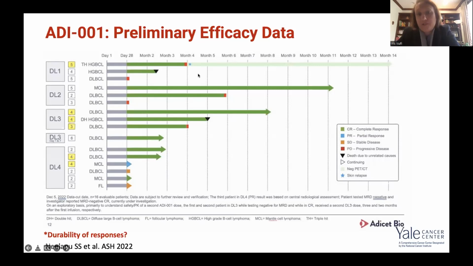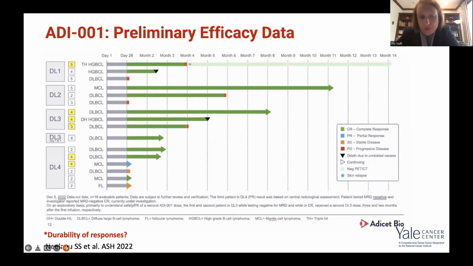And of the patients who have been treated so far, a good number, if you see here in red, have actually relapsed. So the durability of responses is still questionable, and it has investors pretty worried about how this product is going to do in the long run.